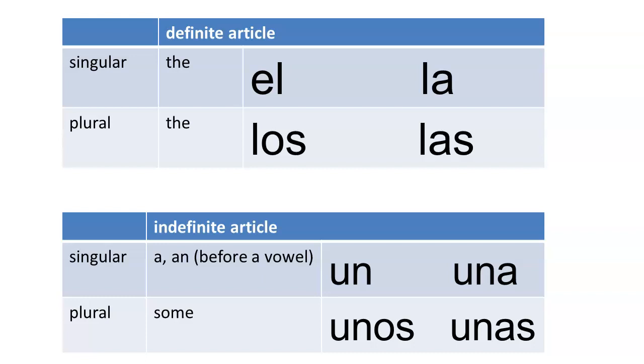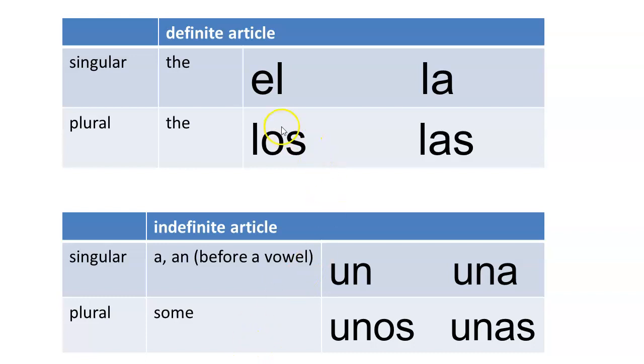So, for example, madre, mother, la madre. Tía, aunt, la tía. Okay, so there are some rules like that that help you to learn that, but for the most part, it's just arbitrary. You just have to memorize the article with the noun as you learn nouns.